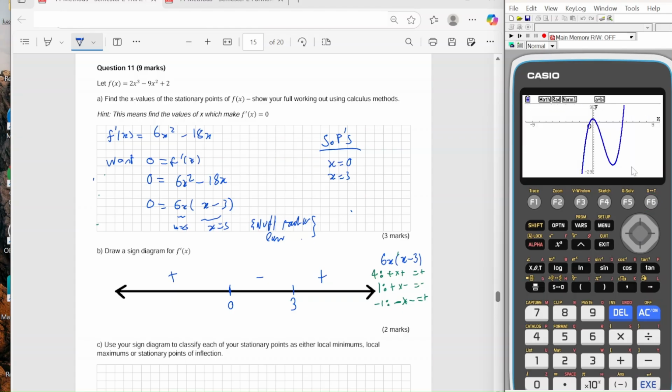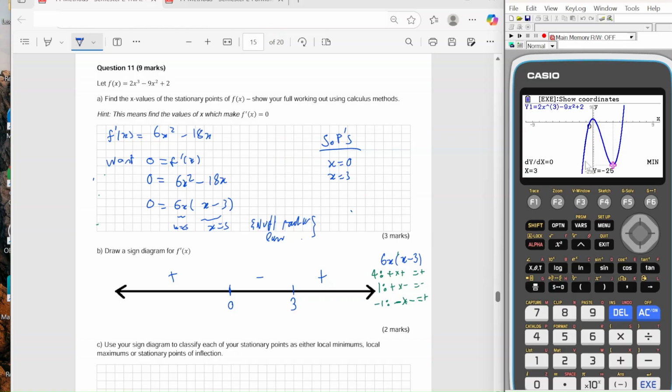Let's see where that ends up. Then you've also got, well, sloping up, so it's a plus because it was sloping up before 0. Then it's sloping down in between, so that's the minus, and then it's sloping up after. You could also get your stationary points 0, so x is 0, y is 2, and the minimum x is 3, y is minus 25.